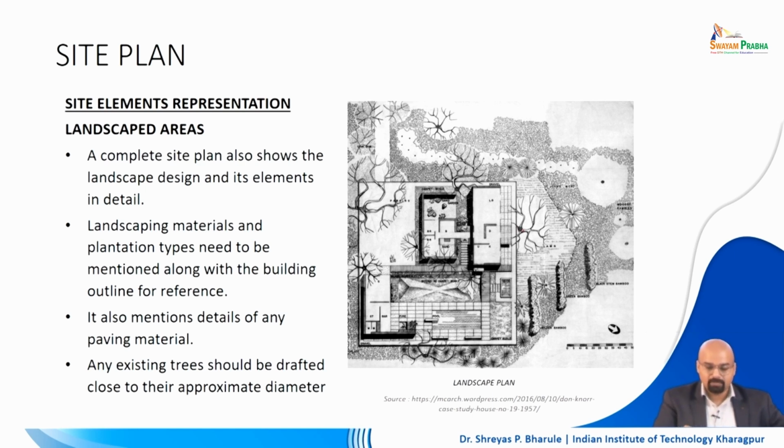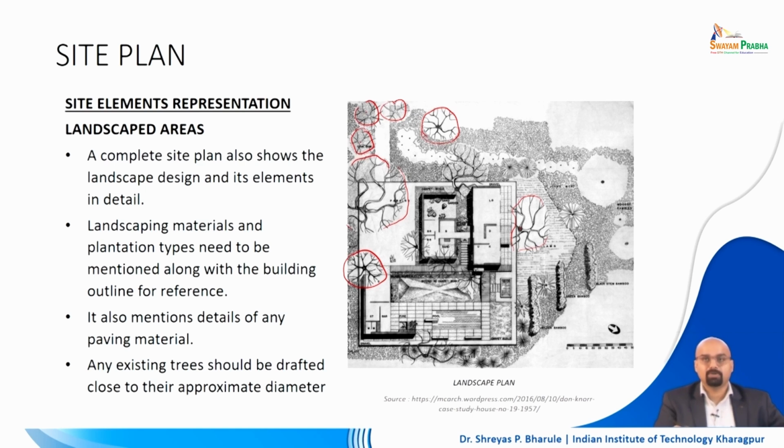So, each of the typical kind of block which is being used for a tree, say for example this and this looks almost the same. So, probably these hatches will represent what kind of tree it is, right. So, that is being shown in a legend separately. Okay. So, that becomes really important.